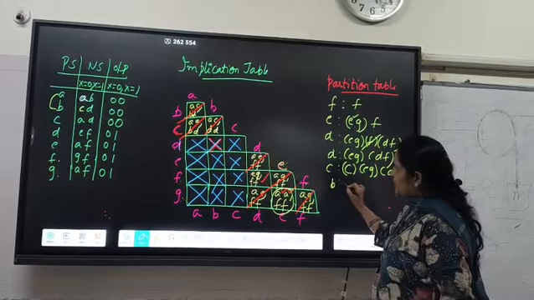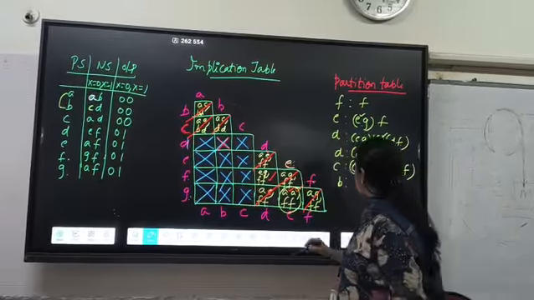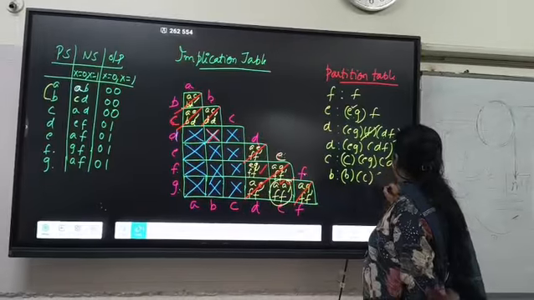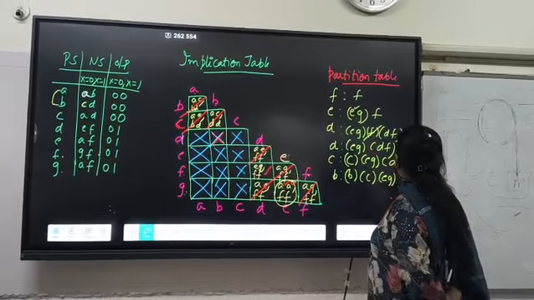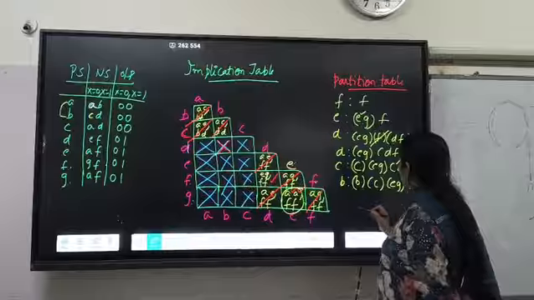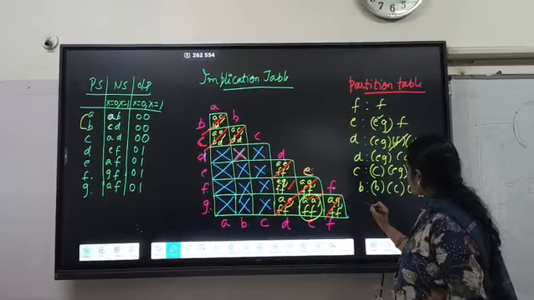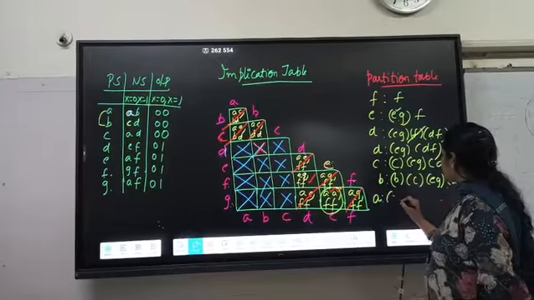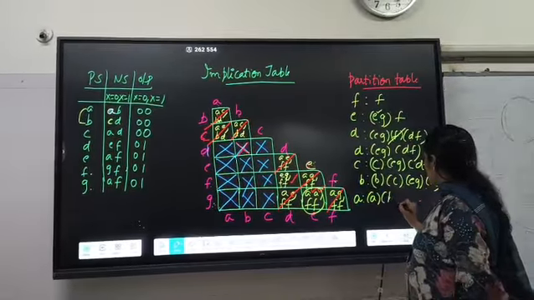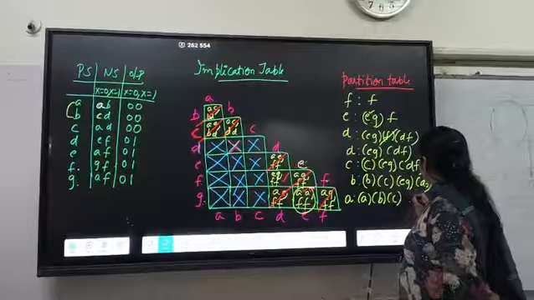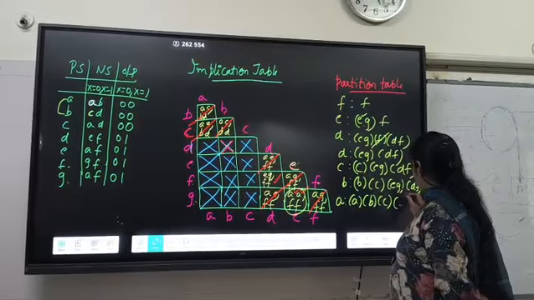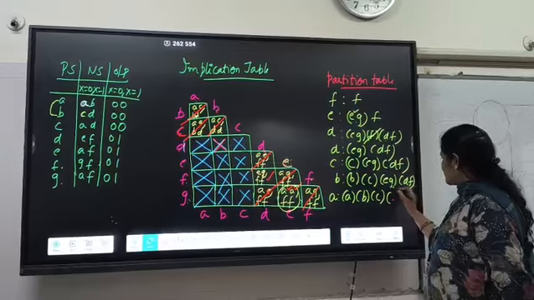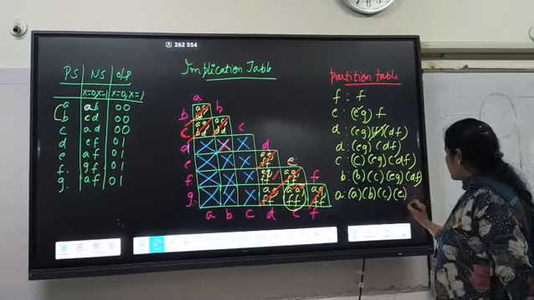Next, if I go to B, B also you see nothing is valid. So I have to retain B. B, C, E, G and D, F. Okay. Now I will go to the last state, that is A. So in A also I don't have anything valid. So I will write down A, B, C. Then from E to G, E and G both are equivalent, so I can retain one.